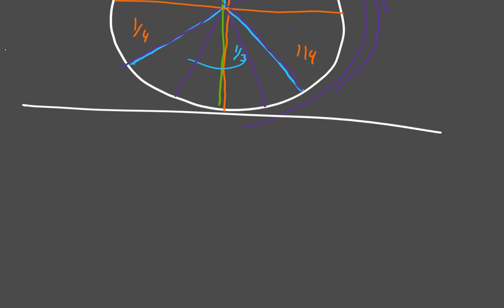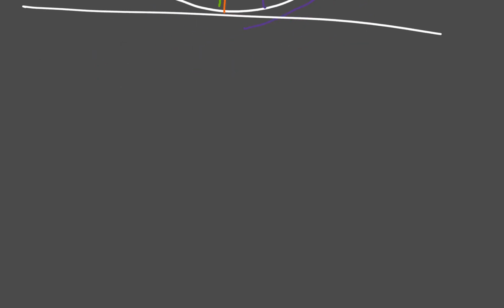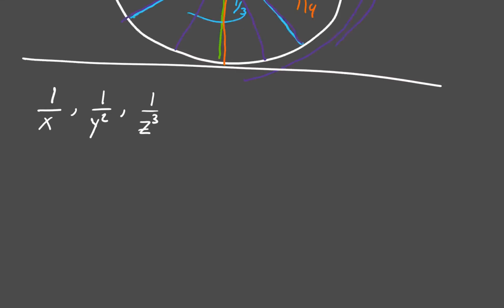So some algebra. Okay, so let's say I have 1 over x, I have 1 over y squared, and I have 1 over z cubed. Okay, so the idea was I was factoring the numbers out, right?